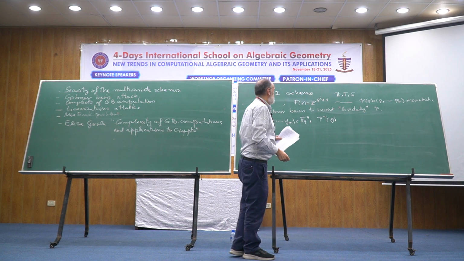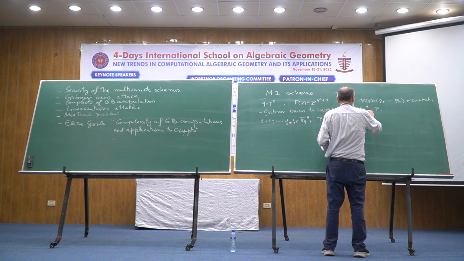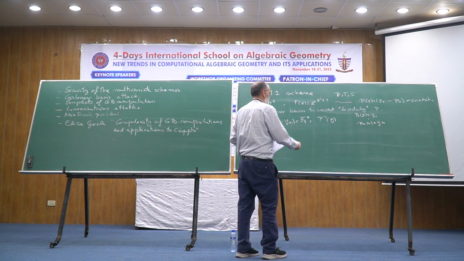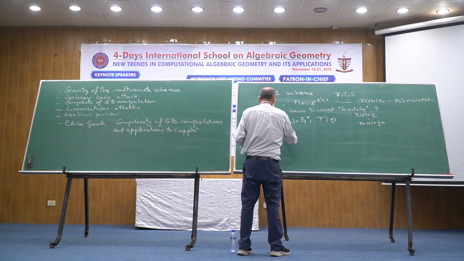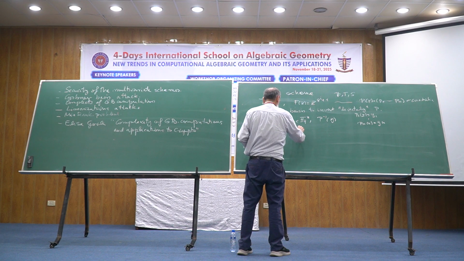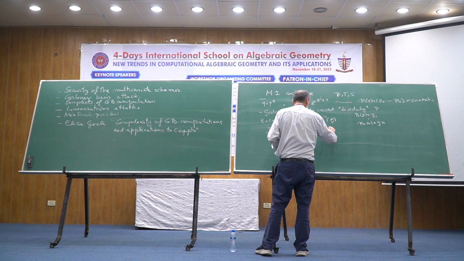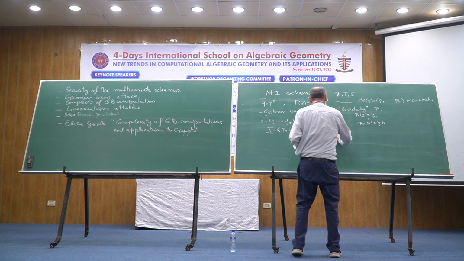And then we have to solve P1 of x equal to y1, etc., Pn of x equal to yn. All right? And solving this is equivalent to considering the ideal generated by P1 of x minus y1, etc., Pn of x minus yn.